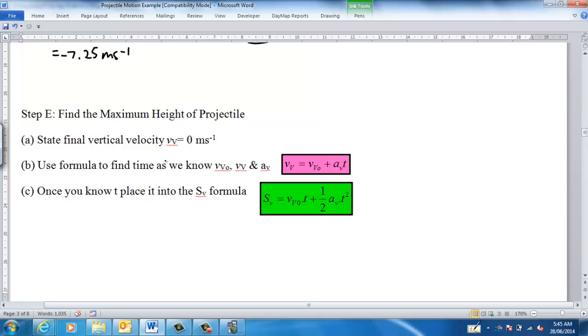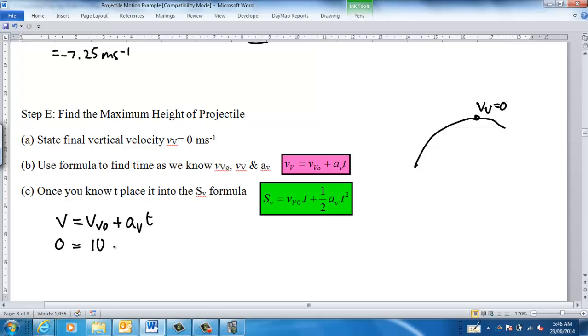Now remembering, at the top of the launch, as it goes through there, it has a vertical velocity of 0 at that particular time. So we use the same formula. V is equal to V0 plus AVT. We know that's equal to 0.